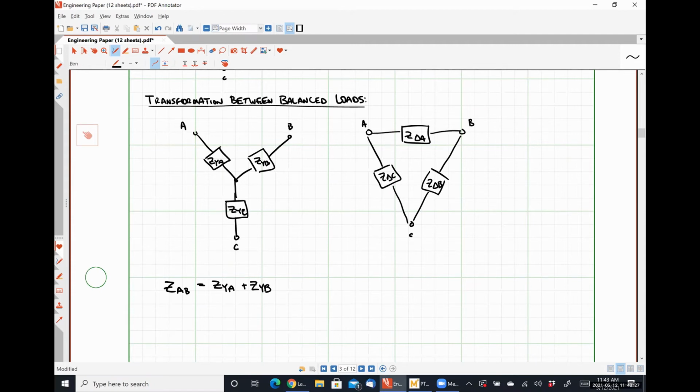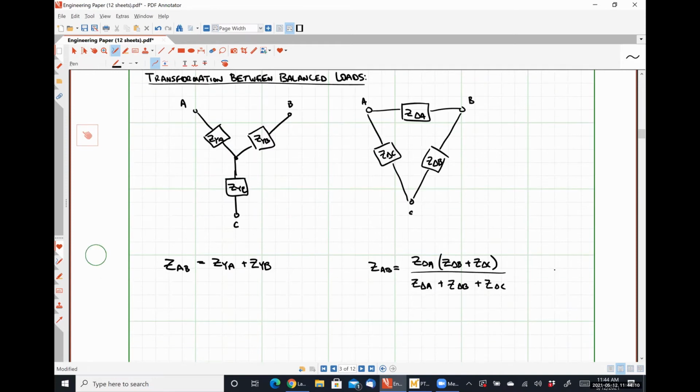And the impedance seen between the A and B terminals of the delta load is Z delta A times Z delta B plus Z delta C divided by Z delta A plus Z delta B plus Z delta C. So effectively, I'm saying that Z delta A is in parallel with the series combination of Z delta B plus Z delta C. And then I multiply those two things together, all right?